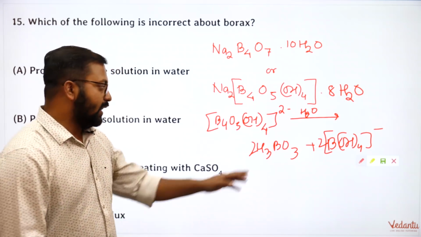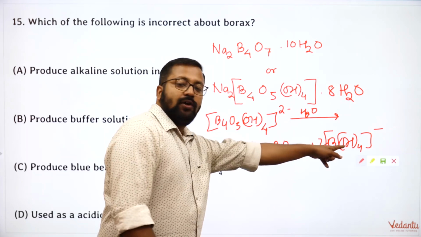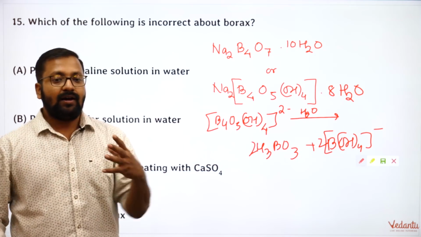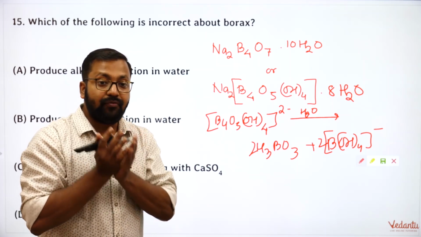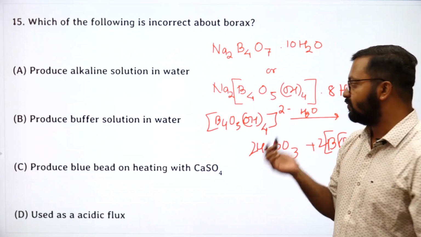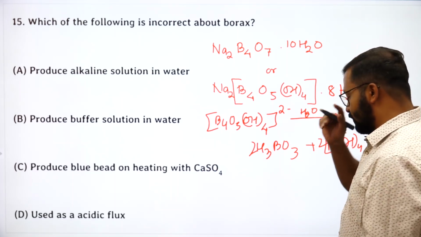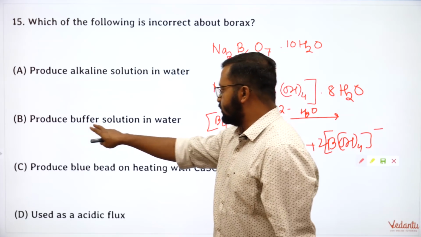Now since you are getting a weak acid and a salt of a weak acid in equal amounts, you will get a buffer solution. This will behave as an acidic buffer.